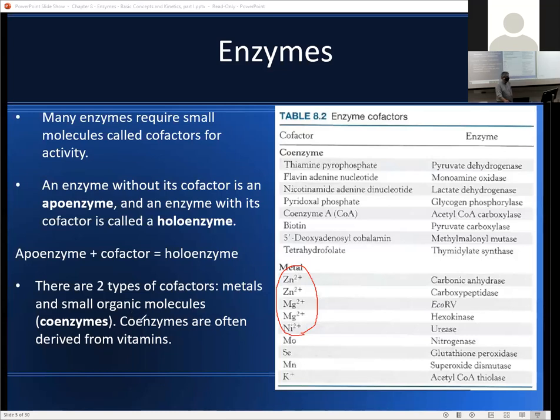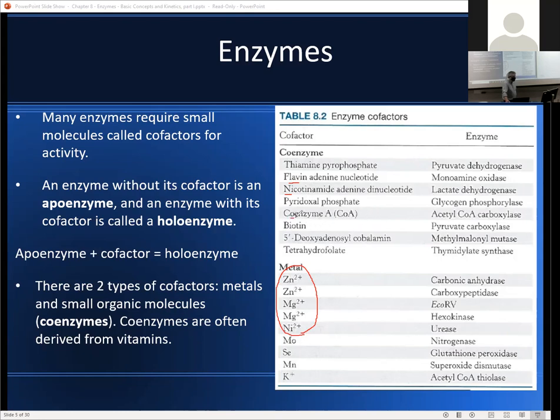Another type of cofactor are small organic molecules called coenzymes. Examples of coenzymes: flavin adenine dinucleotide, which you might know better by the abbreviation FAD. FAD is one of the cofactors involved in the Krebs cycle. Nicotinamide adenine dinucleotide, which you might know as NAD. NAD is one of the cofactors in glycolysis and in the Krebs cycle.